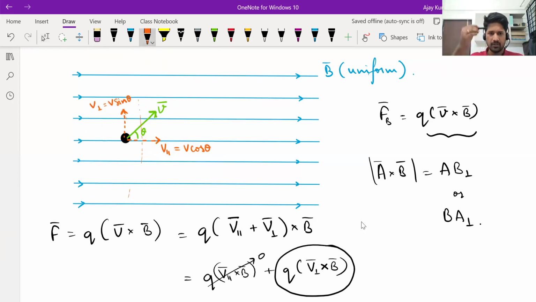Due to V perpendicular, it tends to execute circular motion in the yz plane. Due to V parallel, it moves in the x direction. So executing circular motion in the yz plane and moving in the x direction, effectively it ends up following a helical path.